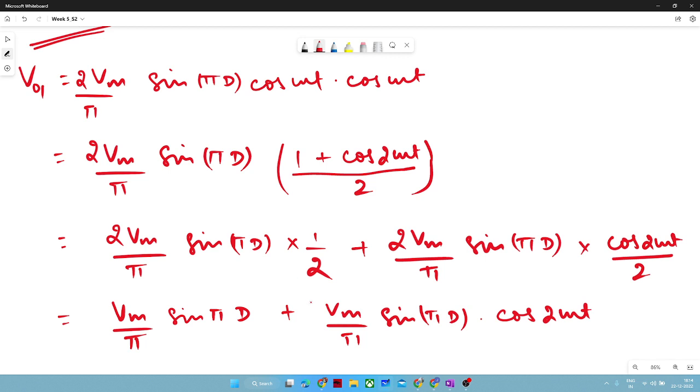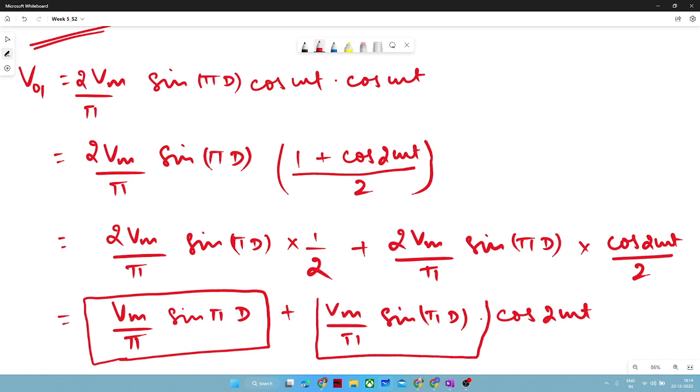So now you can observe that just taking a single condition, n equal to 1, we are getting a DC magnitude of Vm by pi sin pi d, and the ripple magnitude is also the same, right? This is the ripple magnitude here, and the ripple magnitude should not be greater than your DC component. Otherwise your voltage ripple factor would be very high, and that would not be suitable for any rectifier.